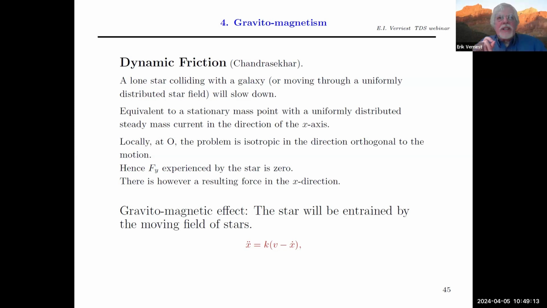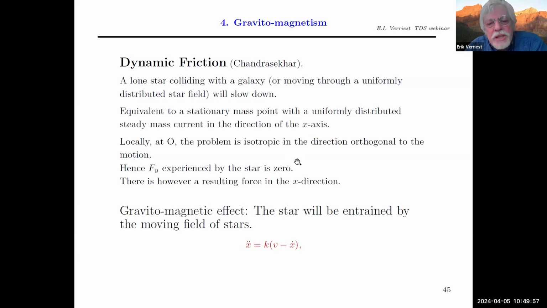So what we see now is the star moves into this field, or bundle, of bars. The component of the gravitation directed towards the bars is going to cancel to 0 because it's completely isotropic. But in the direction perpendicular to the galaxy, we see that the bars will have this entraining effect that I just talked about. And so the effect is that the star will be somewhat slowed down when it enters the galaxy.